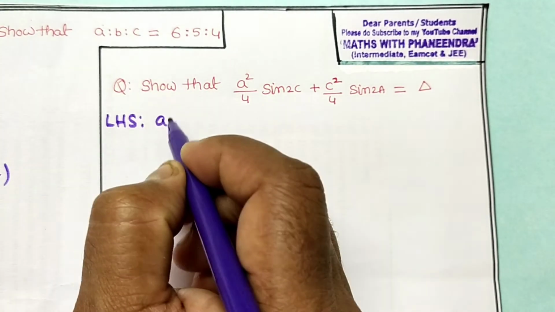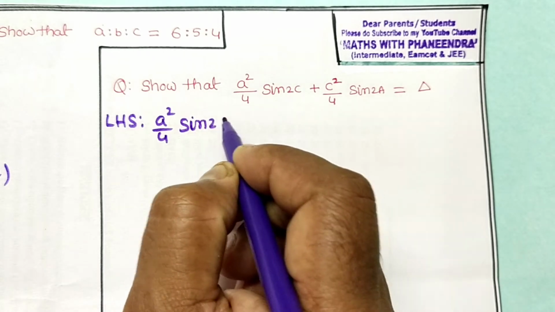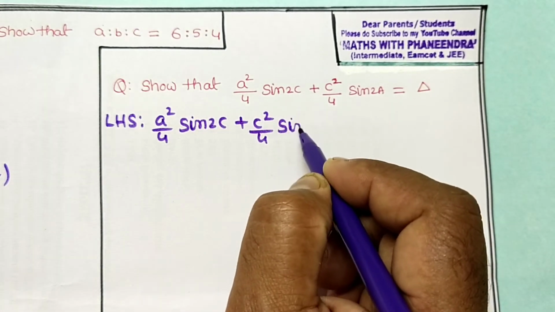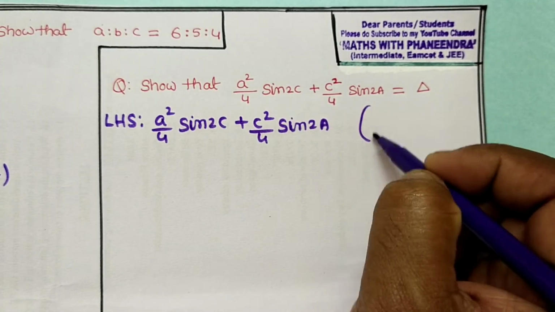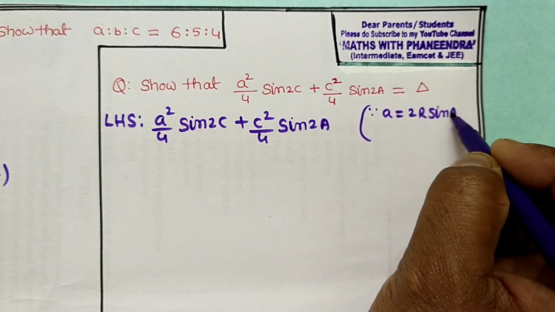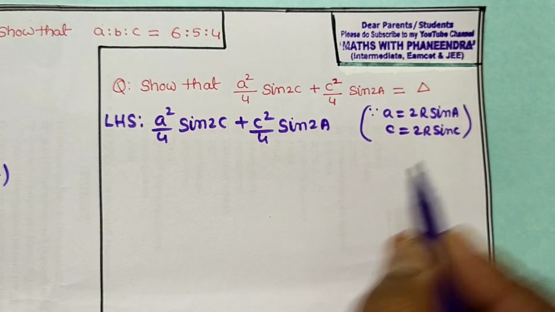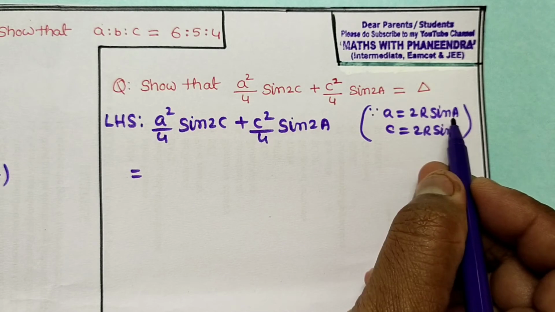A square by 4 into sin 2C plus C square by 4 into sin 2A. From the sine rule, we have a equal to 2R sin A and small c equal to 2R sin C. Substitute that value and square on both sides. A square means (2R sin A) whole square.